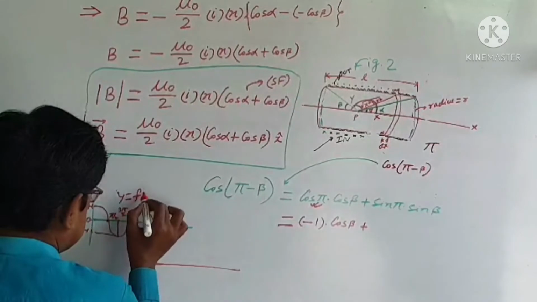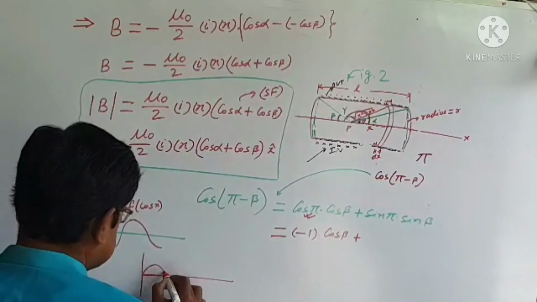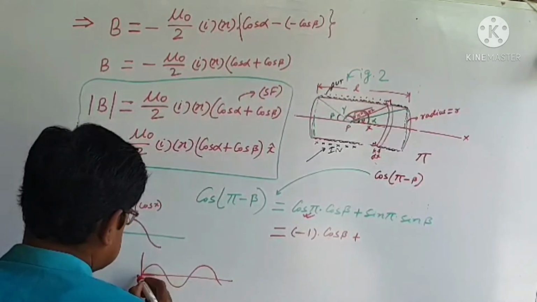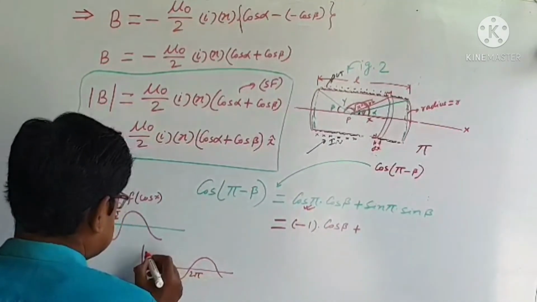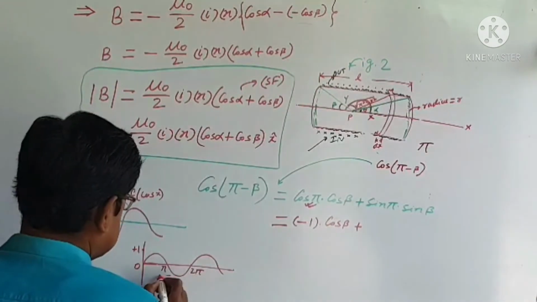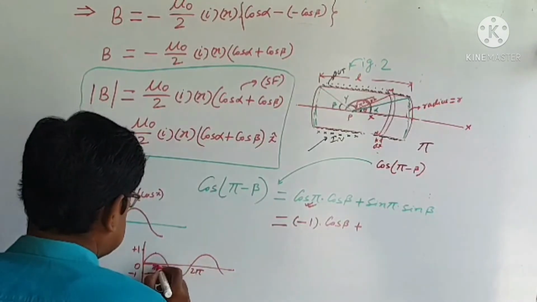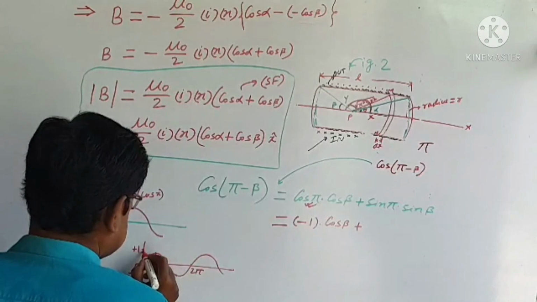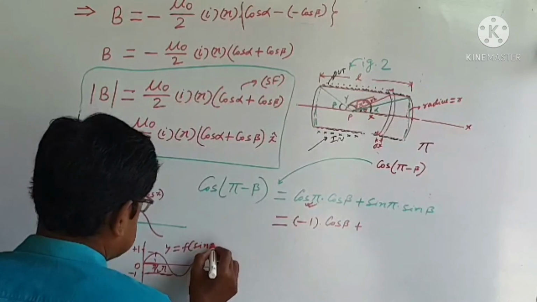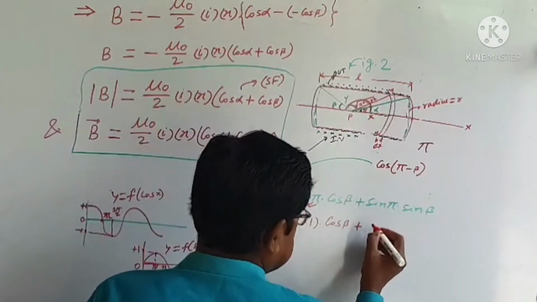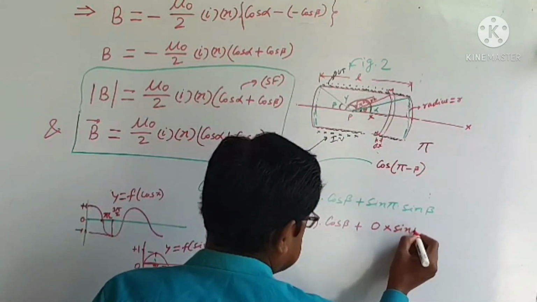Suppose y is equal to the function of cos x, with values at 0, pi, 2 pi, plus 1, minus 1, pi by 2, plus 1. This is the function of sin x. So, sin pi is 0, and 0 multiplied by something is equal to 0.